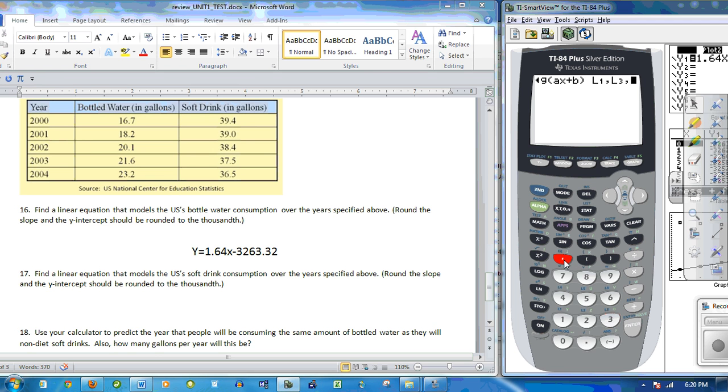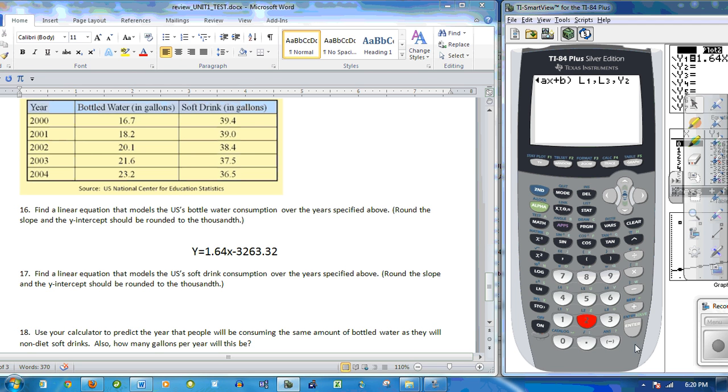Then comma, again to move this answer over to my graphing window, we're going to hit vars, right arrow, function, and I'm going to select Y2 this time, which will put it in the second equation that I wish to graph.